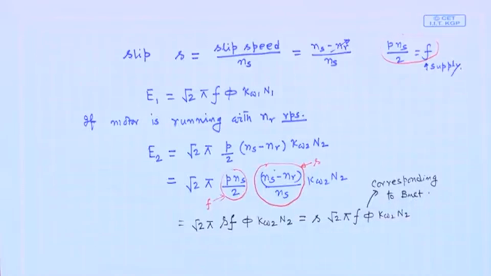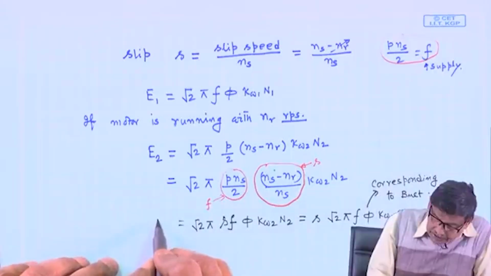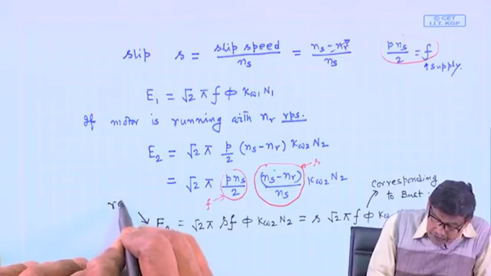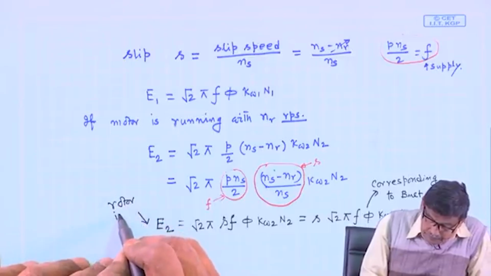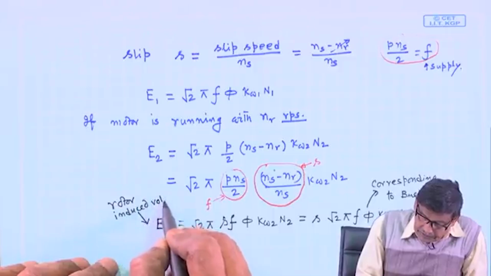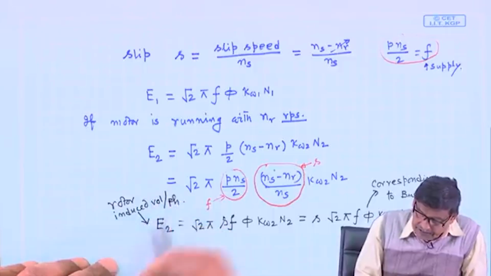So, this is the rotor induced voltage per phase.